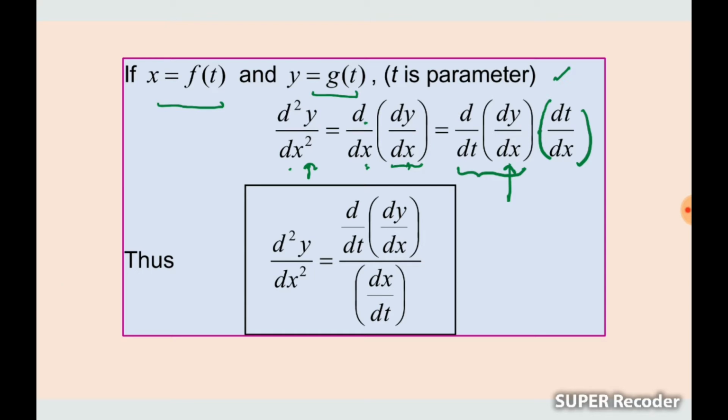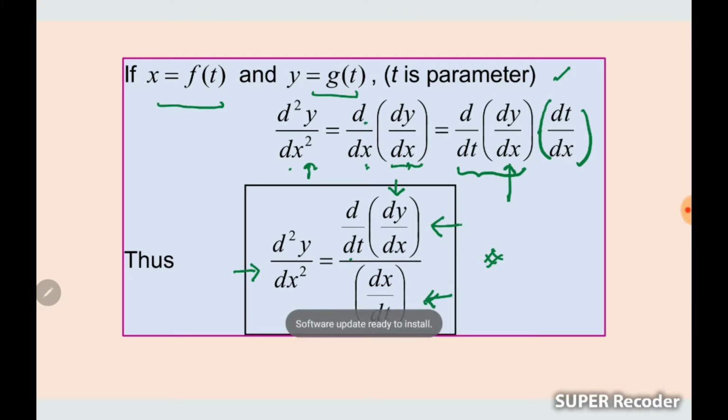Or we can write it in this form: d squared y over dx squared is given as the derivative of the first derivative dy/dx with respect to t, divided by dx/dt. So you have to do two things here. First, differentiate the first derivative with respect to t. Secondly, divide by dx/dt.